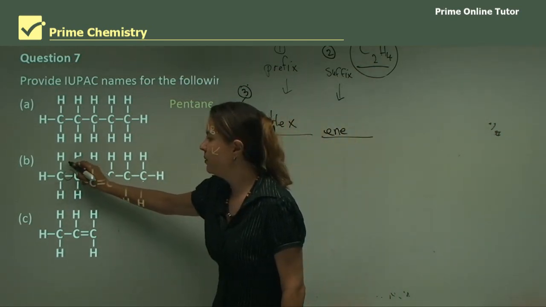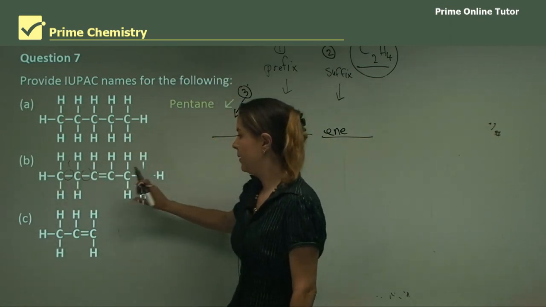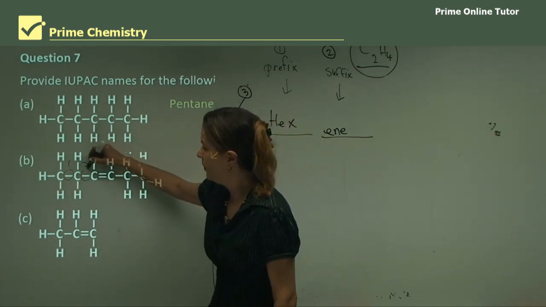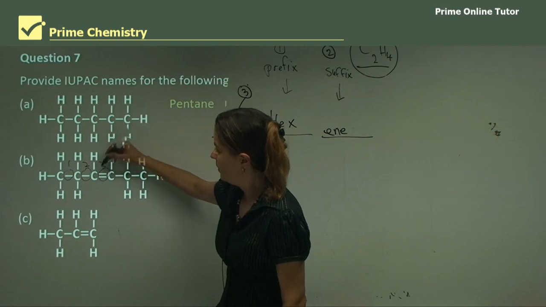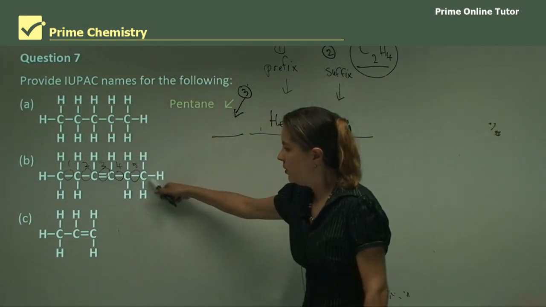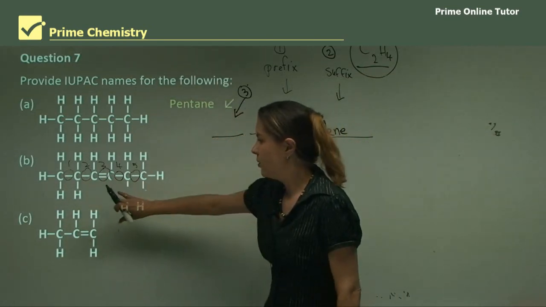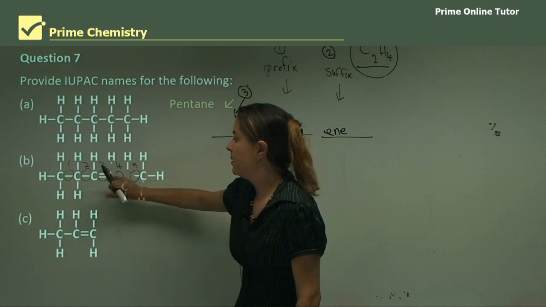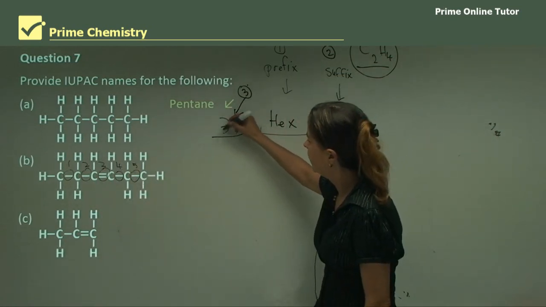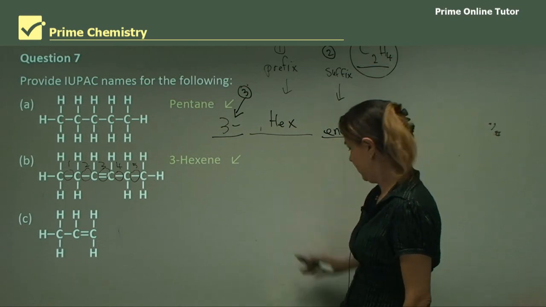So this bond, we'll name 1. We always go from left to right and we number the bonds. 2, 3, 4, 5. You don't number them between carbon and hydrogens, only between carbon and carbon. So where's our double bond? It's at number 3. So we put a 3 in front. So this is 3-hexene.